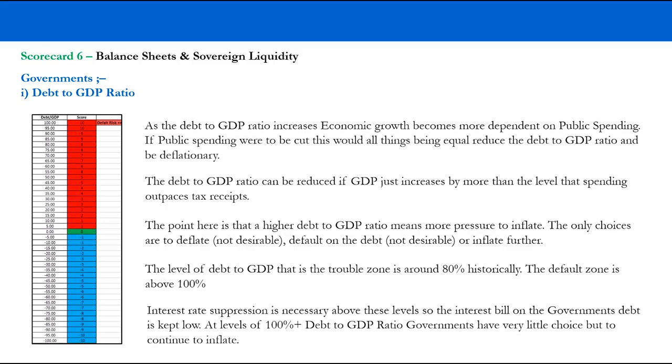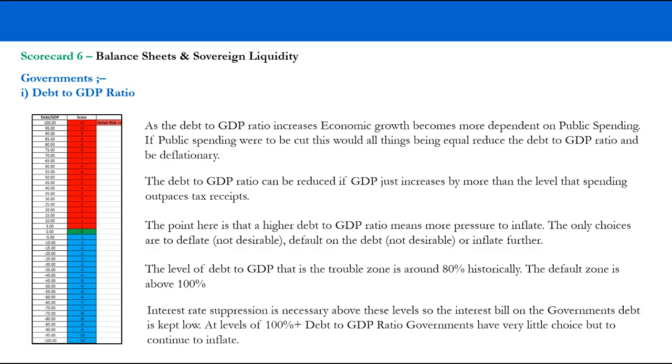And historically, when we look at capitalist economies that have gone through 100% debt to GDP ratio, so right through this scale, the default zone is above 100%. So throughout history, when governments have gone through 100%, there's been a very high correlation to default on the outstanding debt.